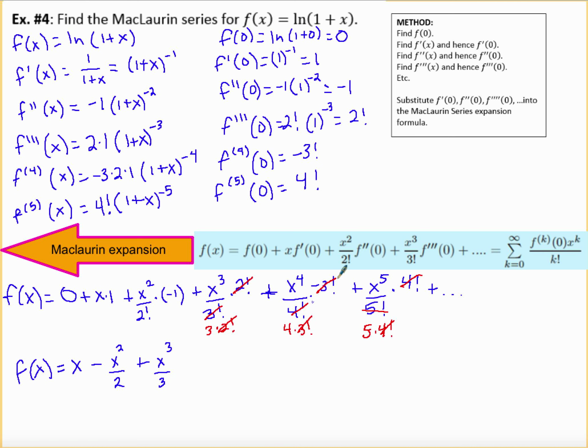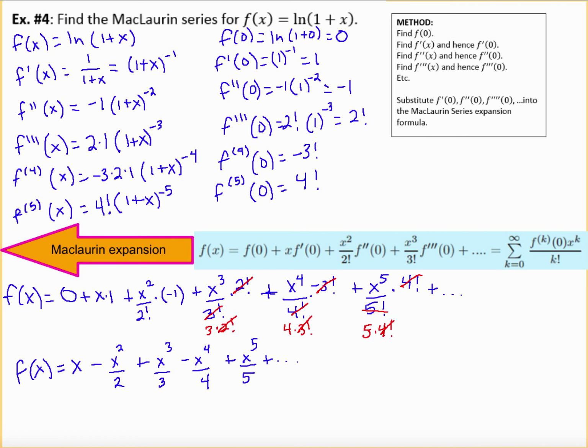Here, when the 3 factorials canceled out, I was left with the negative, so I'm going to multiply that by x to the 4th. And since the 3 factorial canceled out, it left me with 4. Here, we've got plus x to the 5th divided by 5. And I think you can see a pattern beginning to emerge.